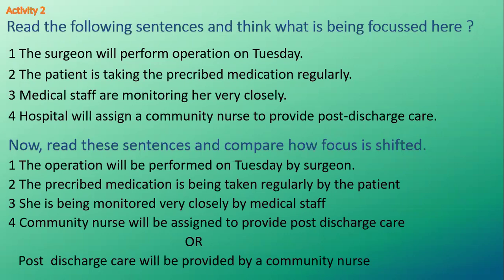So, what I mean to say is, I'm repeating, in OET letters the focus has to be either on the patient or the treatment or the care plan. This is why passive structures are mostly useful instead of active structures.